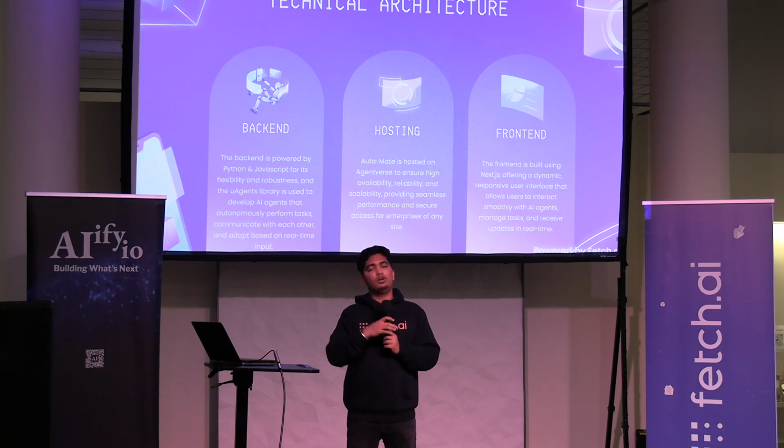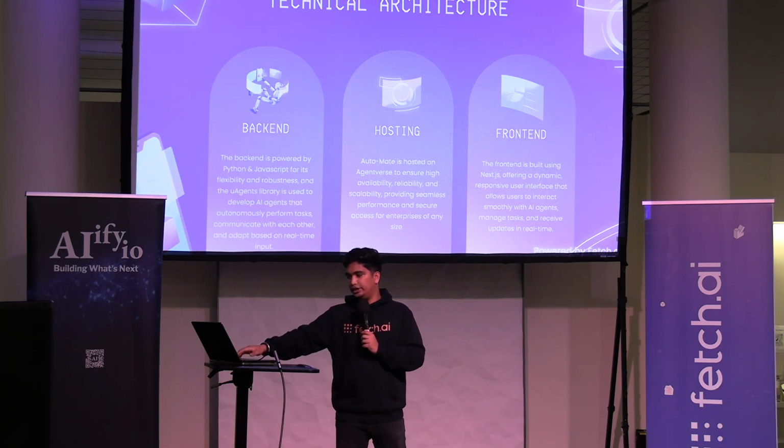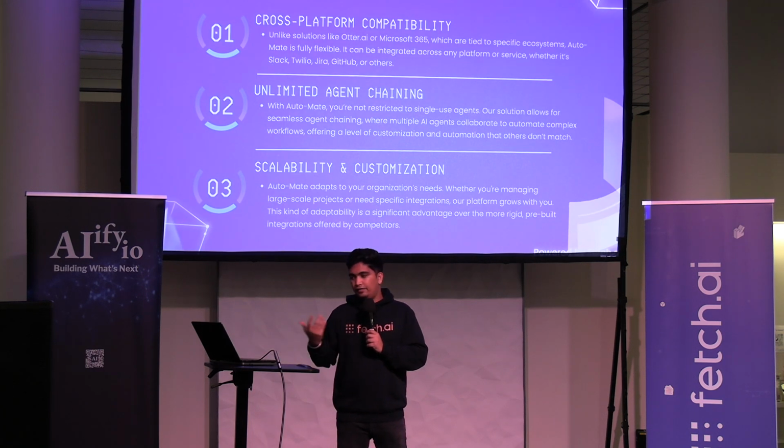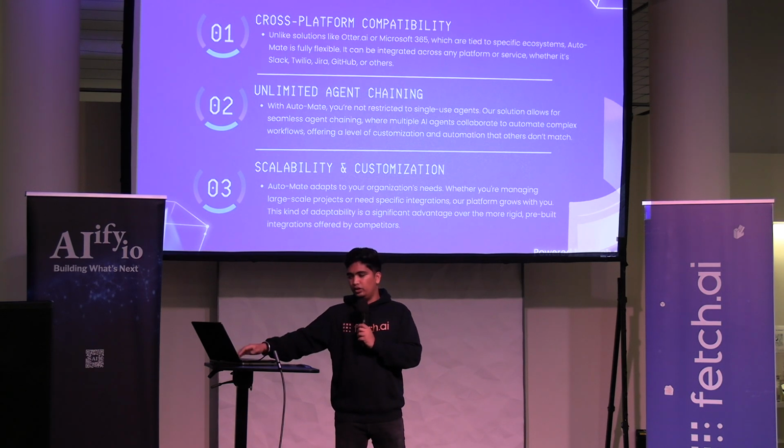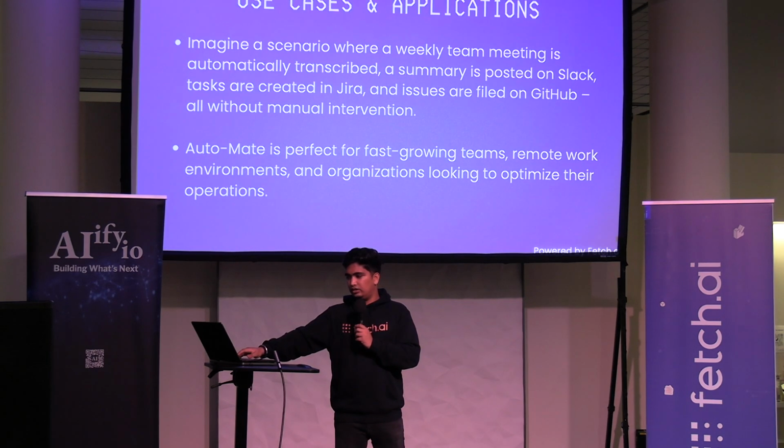Here's where Automate comes in. We have cross-platform compatibility, as I mentioned earlier. We have unlimited agent chaining, so you can chain agents and create a pipeline for everything. And obviously we support scalability and customization.